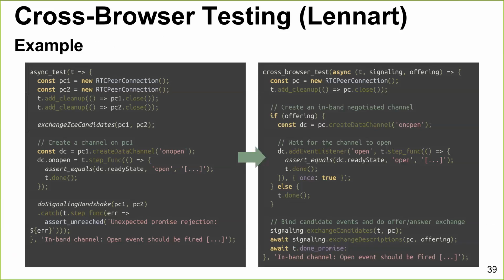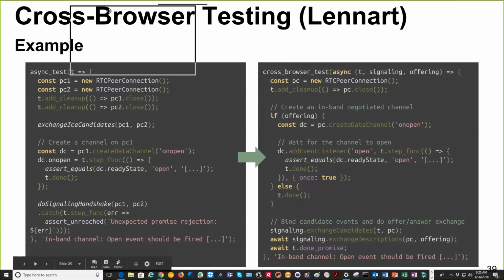I'm not really sure what terminology you used, Jan-Ivar. So there's this cross-browser test function, and it is basically an extension of promise_test. It has two new parameters. The first one is, of course, the test instance itself. That's nothing new. Then we have a signaling instance and a role.